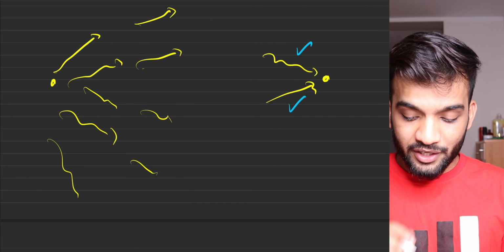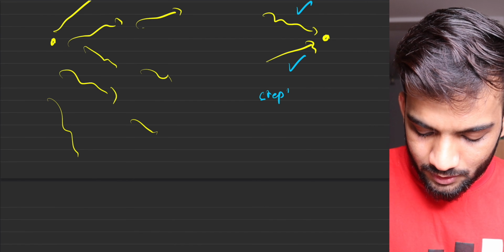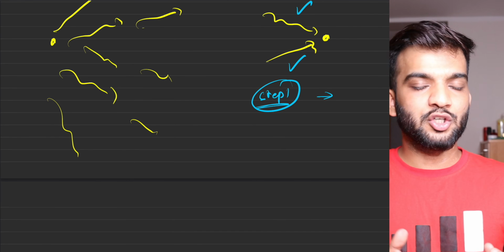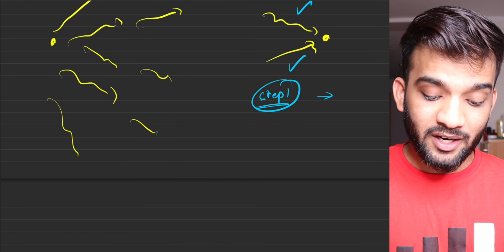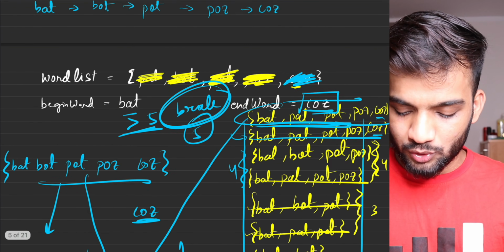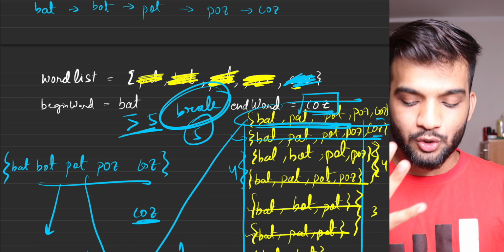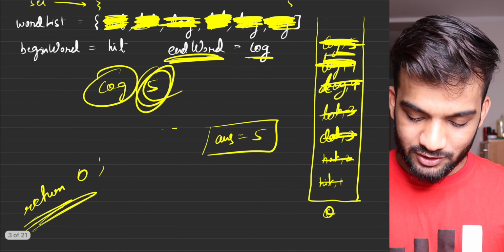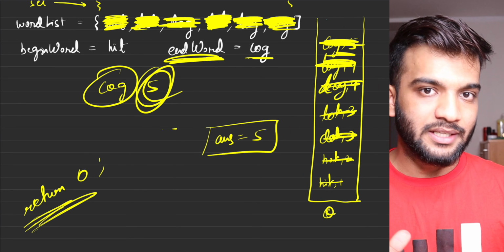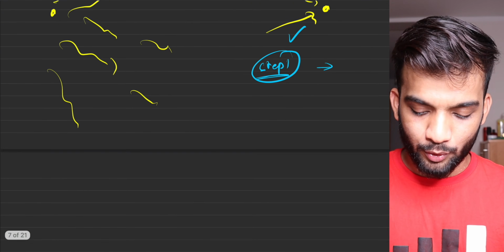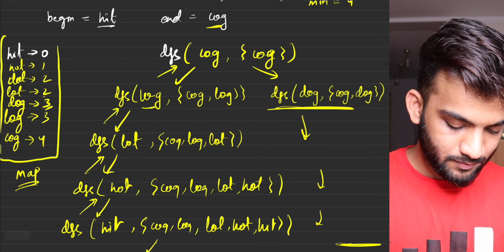So what did you do in step 1? At first you figured out the shortest path. When you figured out the shortest path, you don't need to store the sequence, which was consuming a lot of time. You just did a simple DFS on the queue according to step 1, and you easily were able to store this thing.